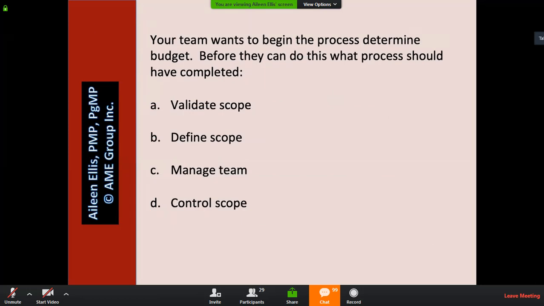Your team wants to begin the process to determine budget. Before you can do this, what process should have completed?